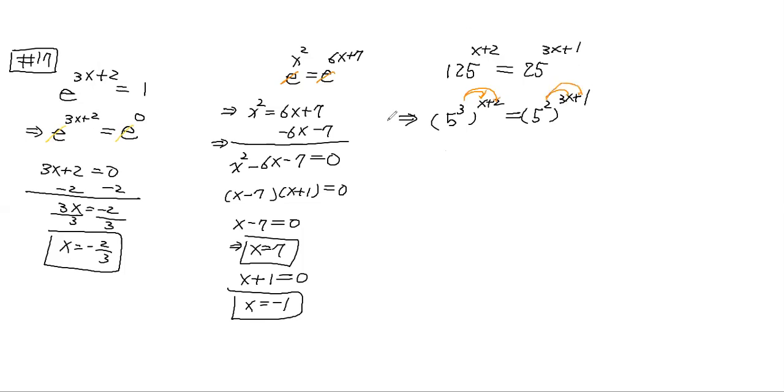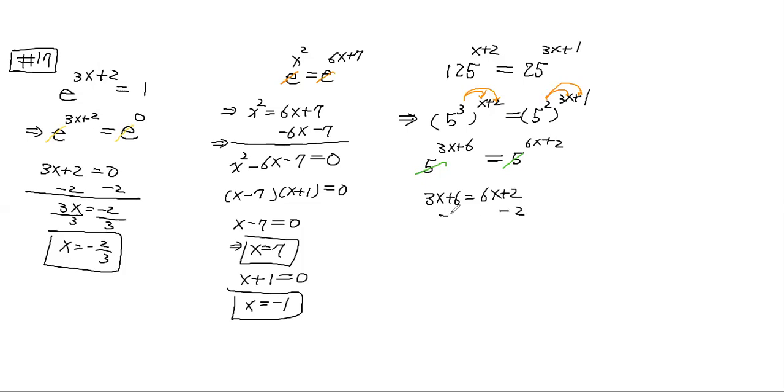All right, so now this one here will be 5 to the 3x plus 6. This is equal to 5 to the 6x plus 2. Then now you will see, oh, good, they have the same base. Now I can cancel that, right? So this will give you 3x plus 6 equal to 6x plus 2.